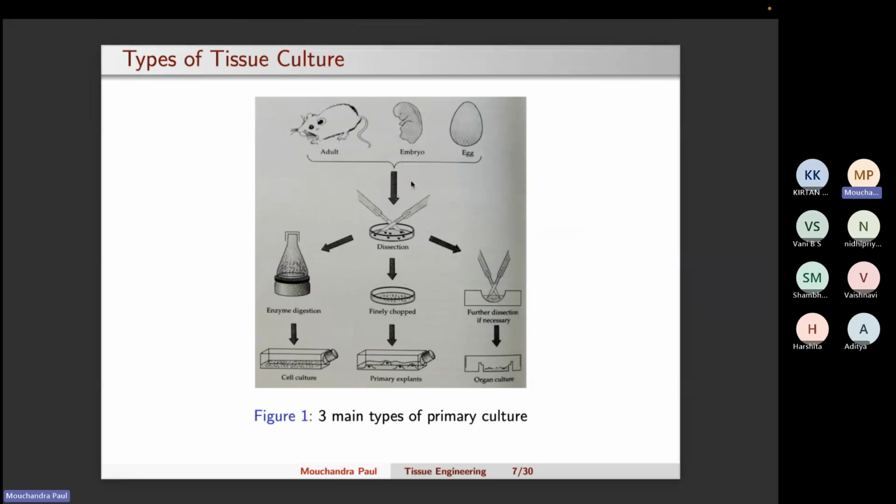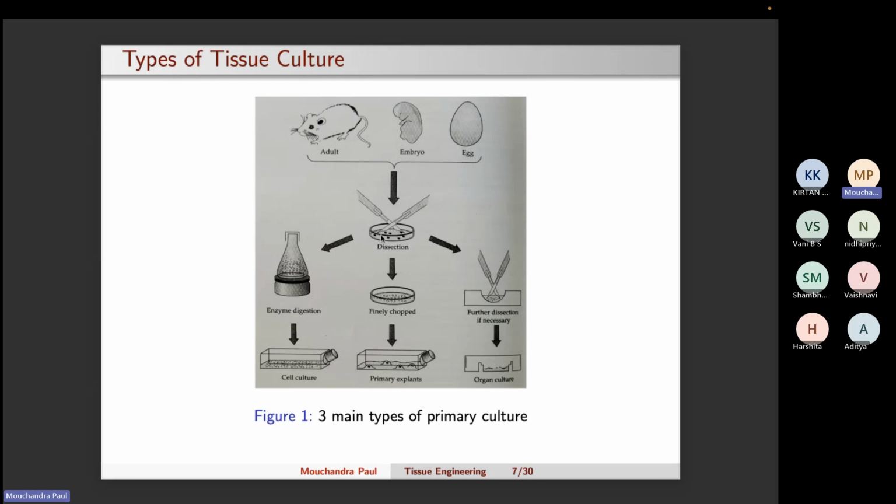You take a tissue from an organism, like from an embryo or from an adult organism or from an egg, that is, a fertilized zygote. Then you dissect it.